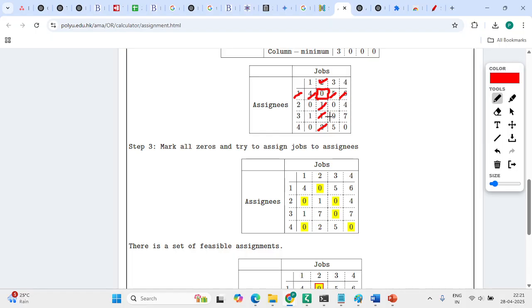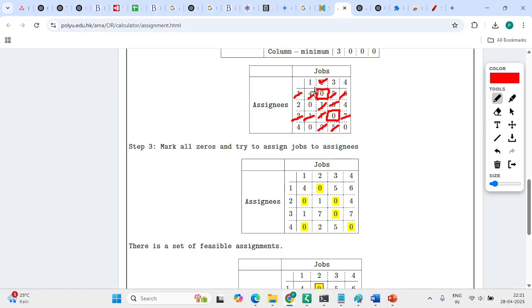Now we will check the third row. In the third row there is only one zero, so we will do the allocation, and then we will delete all other elements from that row and column. Now in the fourth row we have two zeros, so we cannot do the allocation right now.